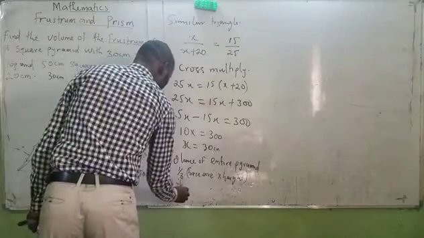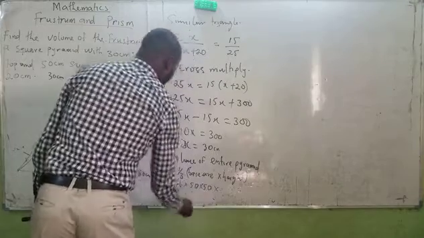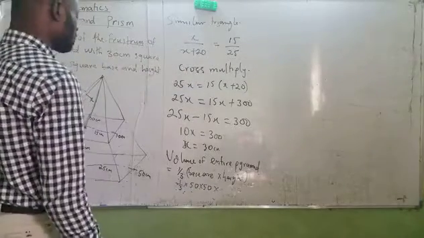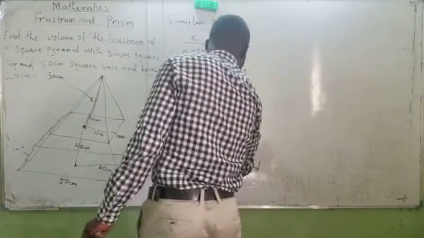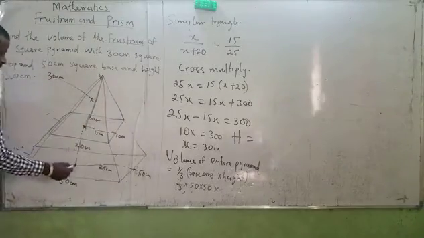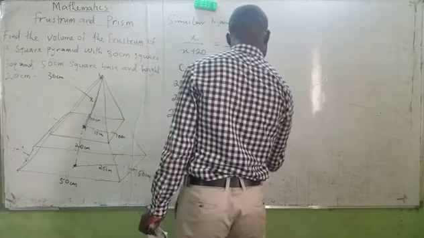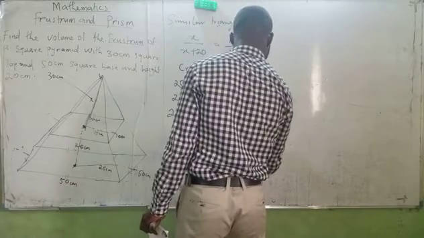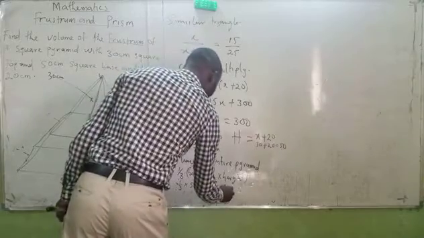1 over 3 multiplied by 50 multiplied by 50 multiplied by the height. The height, which is from here to here, will be equal to x plus 20, which is 30 plus 20, which is equal to 50. Now, it will be multiplied by another 50.